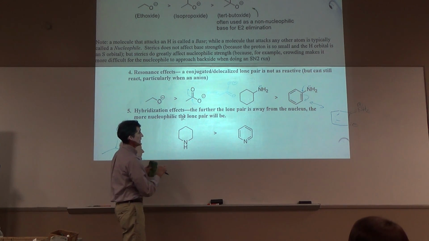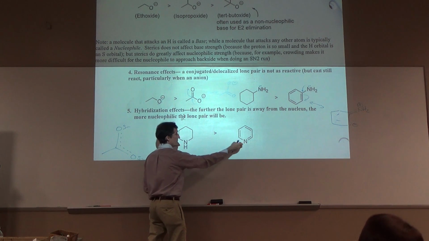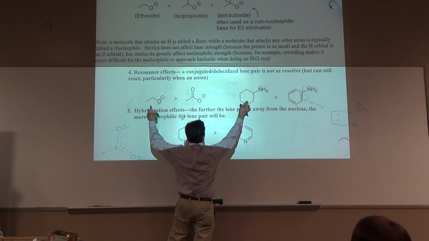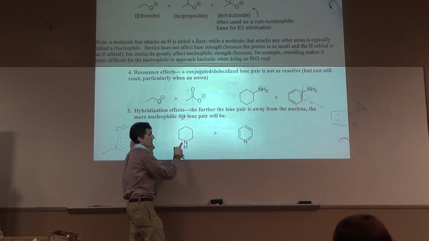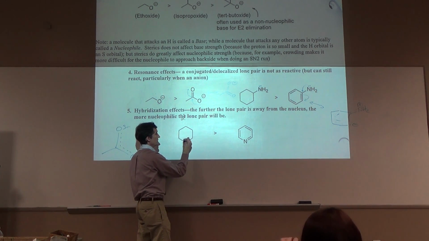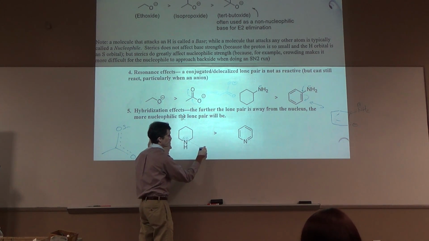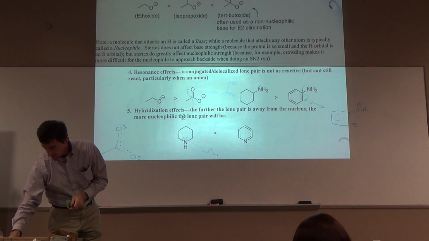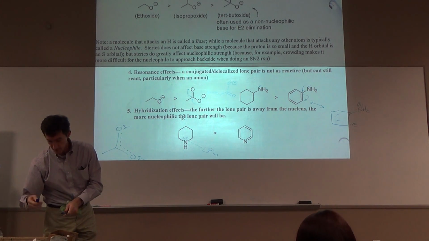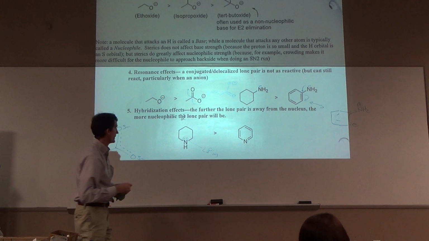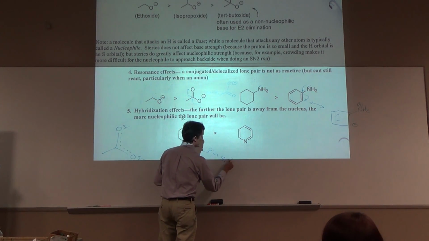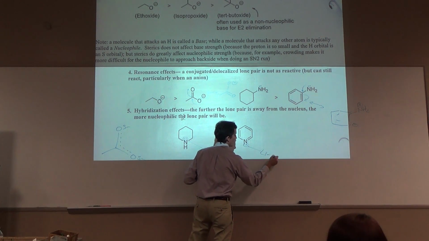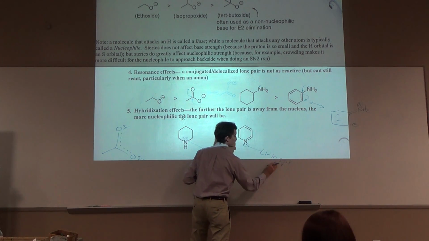Hybridization effects. This is a stronger nucleophile than this. Also a stronger base. Same thing up there. These are better bases. It's a better base. Why? This is a hybridization effect. This lone pair is in what type of orbital? sp3. What type of orbital is this lone pair in? sp2.